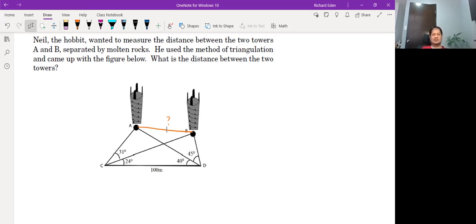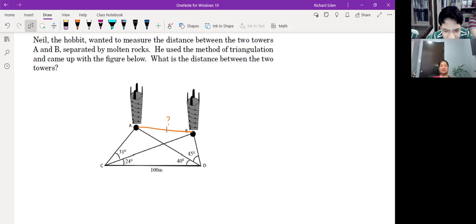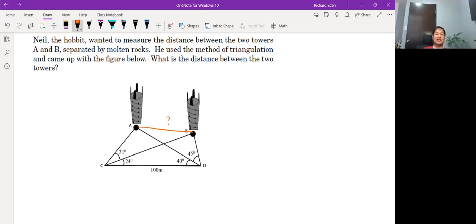We know 1,000. Think of the things that we can determine. We can go from 100 over the sine of CBD, and then we can find BC.